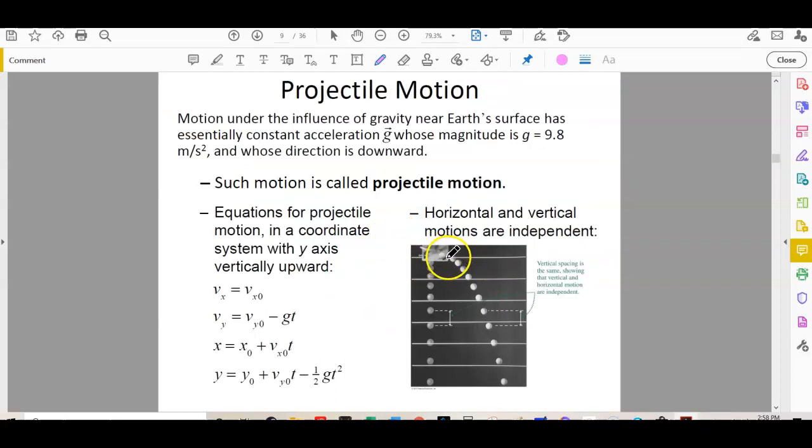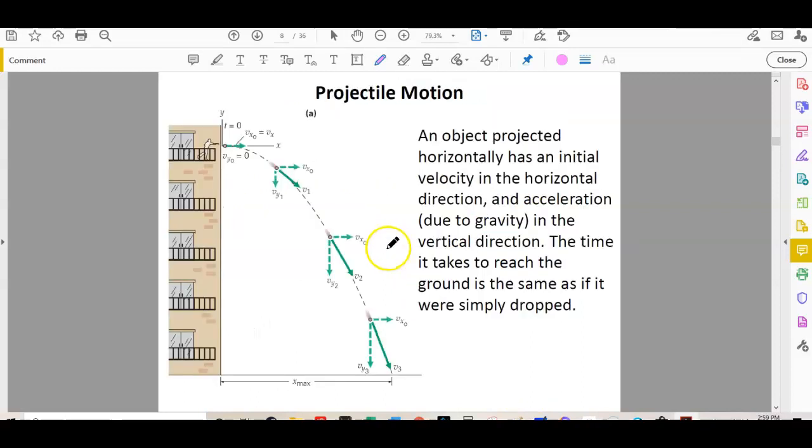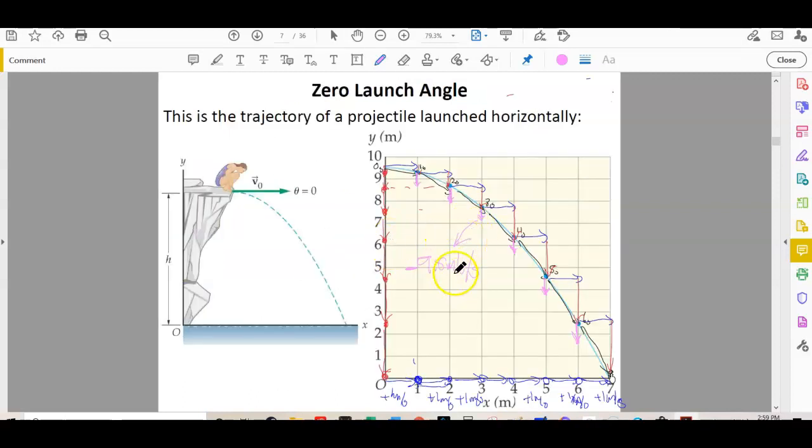If you shoot a ball straight out and you drop a ball, both the shot ball and the dropped ball are starting with an initial velocity in the y direction of 0. And since the x direction motion is not affecting the y direction motion at all, in fact the x direction motion is constant for the shot ball, the only thing affecting the y direction motion is the acceleration due to gravity.